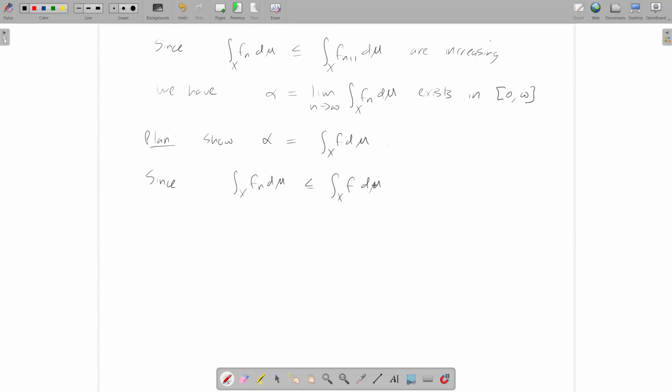I think you can prove it pretty easily, shall we say. So anyway, this means that alpha is less than or equal to the integral of f. Okay, so we have the inequality going one way. So all we need to do now is prove the inequality going the other way.